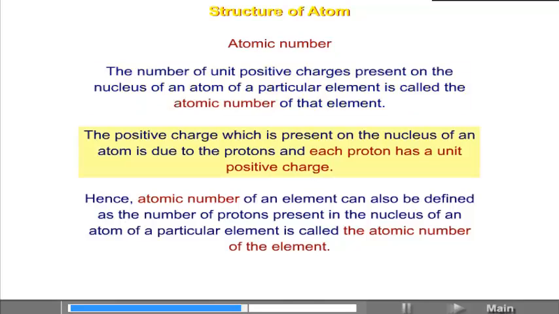The positive charge which is present on the nucleus of an atom is due to the protons, and each proton has a unit positive charge. Hence, atomic number of an element can also be defined as the number of protons present in the nucleus of an atom of a particular element.